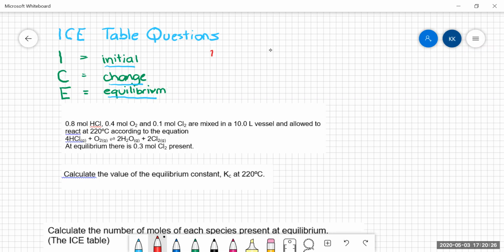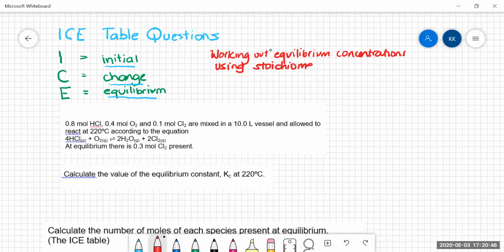So stoichiometry, remember, is your moles.